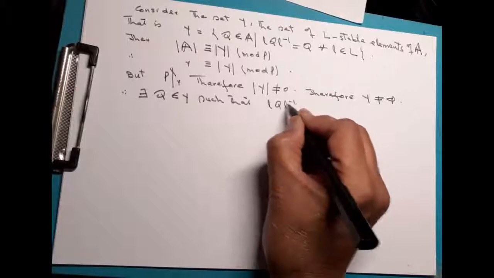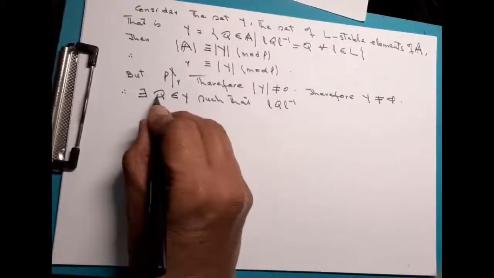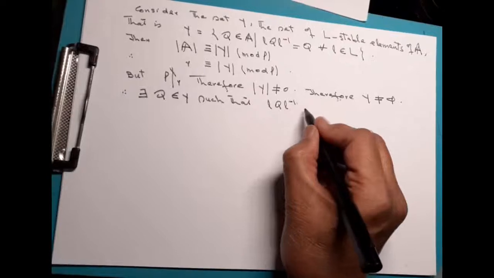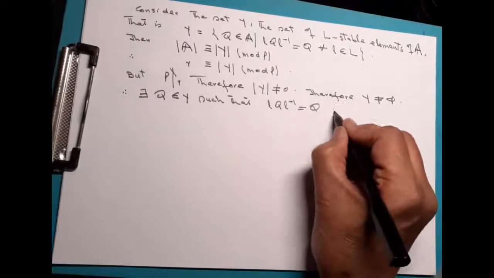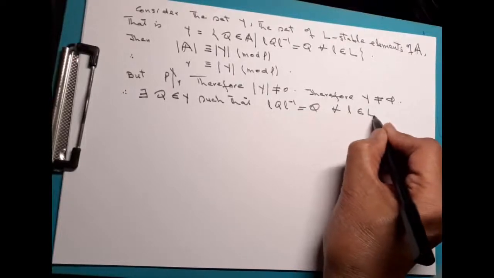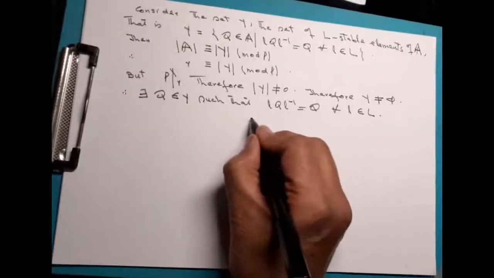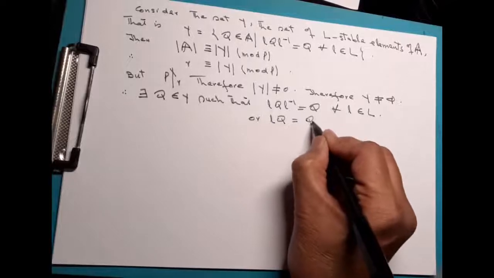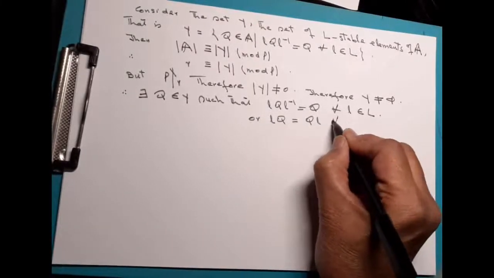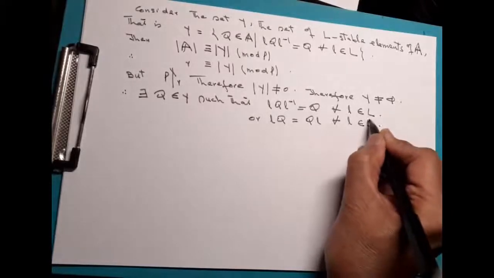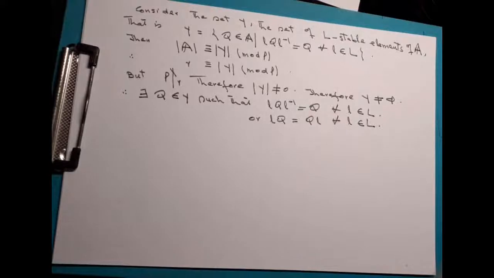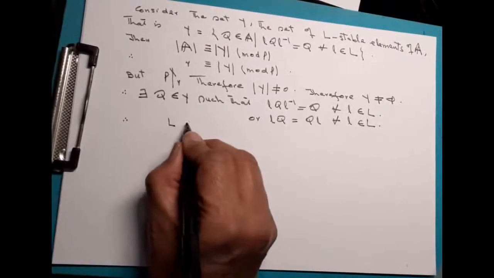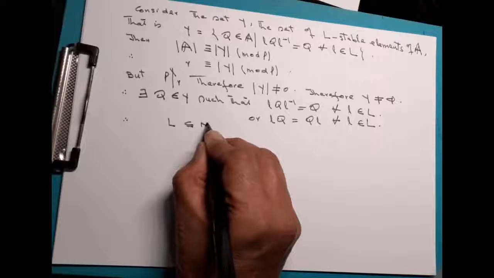So since Q belongs to Y and Y is the set of L stable elements, therefore LQL inverse is equal to Q, and this is for all L belonging to L. Or we can write it in this way, that LQ is equal to QL, again for all L belonging to L. We have simply rewritten this, and therefore L is a subset of the normalizer of Q.